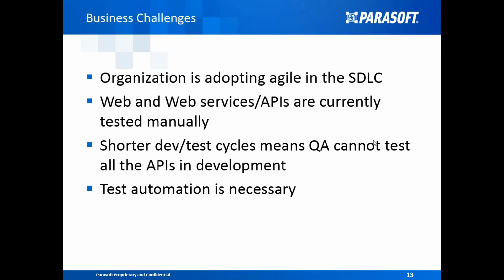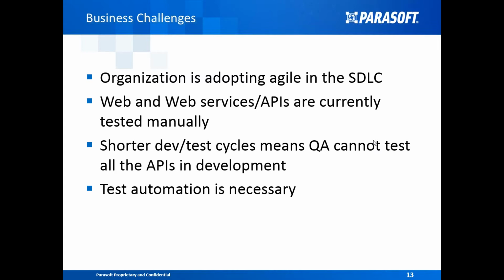There's more functionality being delivered faster, and with the manual testing processes that you have today, there is a challenge in being able to keep up with that pressure and that demand. The obvious conclusion from this is that test automation is necessary to improve the processes and allow the testing organization to meet the challenge of today.